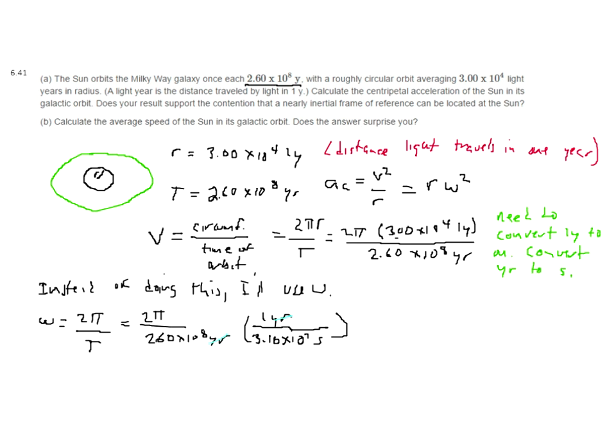So the years cancel out, and we come up with a small number, 7.65 times 10 to the minus 16th.